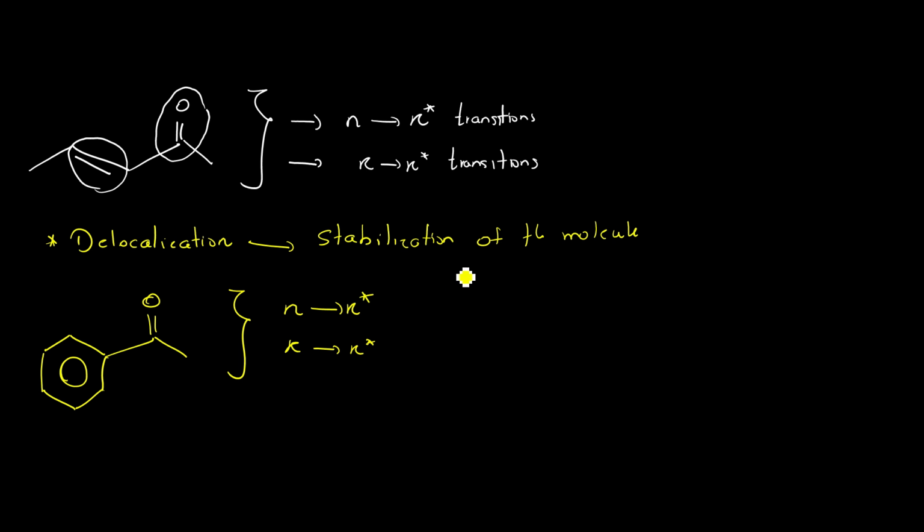So based on this example, two transitions can happen, n to pi star and pi to pi star, but here you have the delocalization. So this pi to pi star transition is stabilized because of the delocalization. Now what happens when stabilization happens?